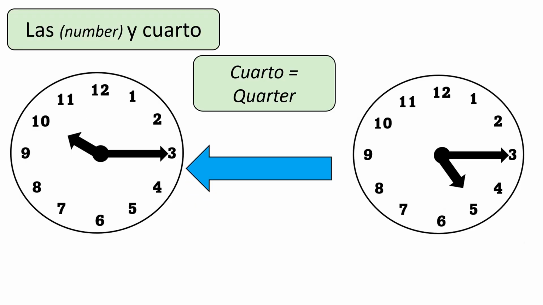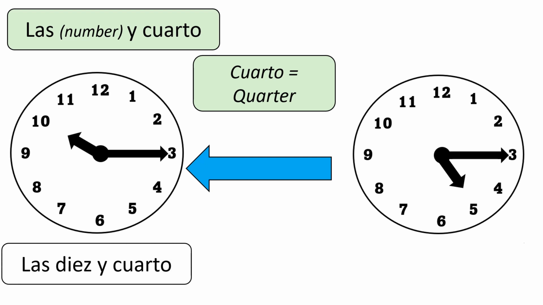The time on the left is 10:15. In Spanish, the translation is las 10:15. Las 10 because the shorter hand is pointing to 10, and y cuarto as the longer hand is pointing at 3.